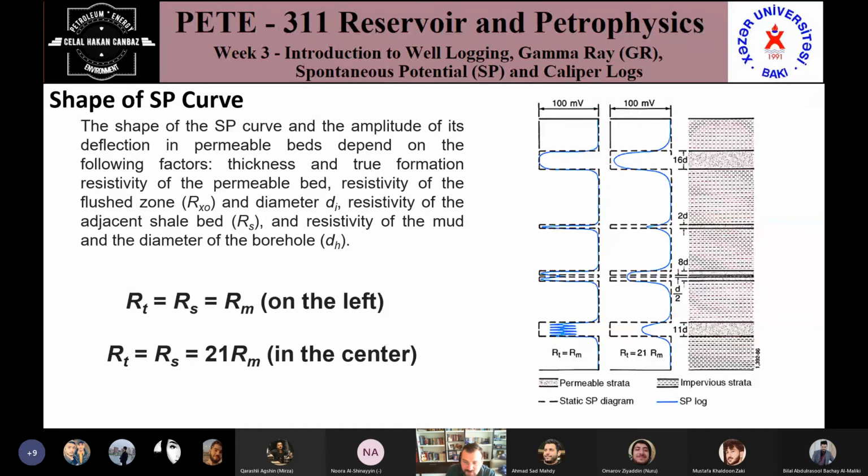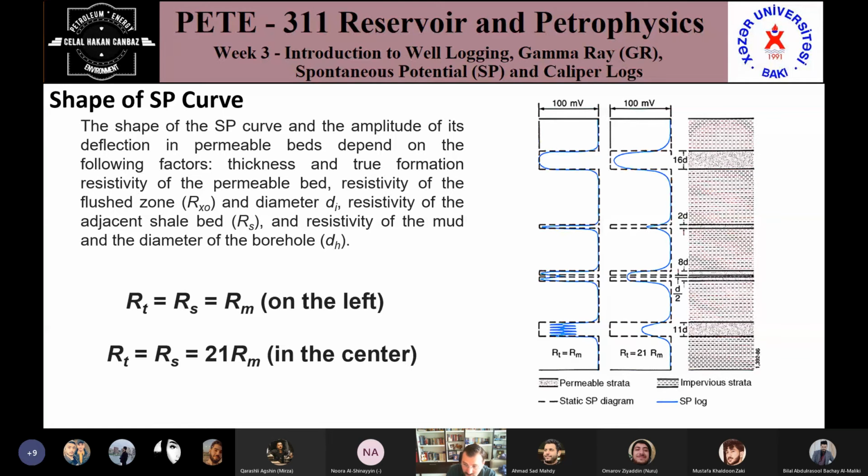For example, the figure shows examples of spontaneous potential curves, now computed. On the left side you see Rt equals Rs and equals Rm, mud resistivity. And in the center one, you see Rt equals Rs and equals around 21 Rm.